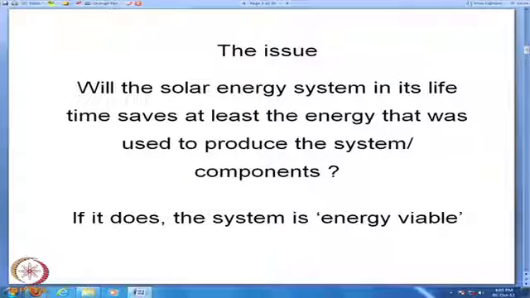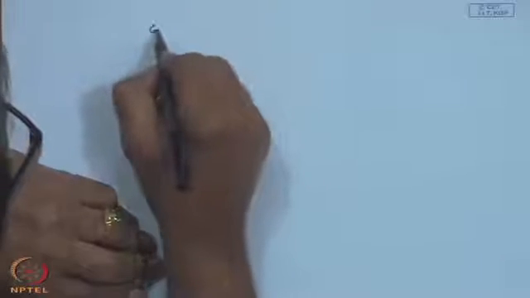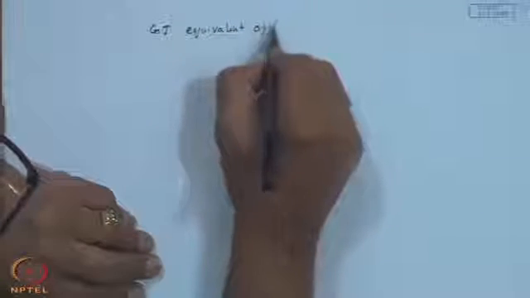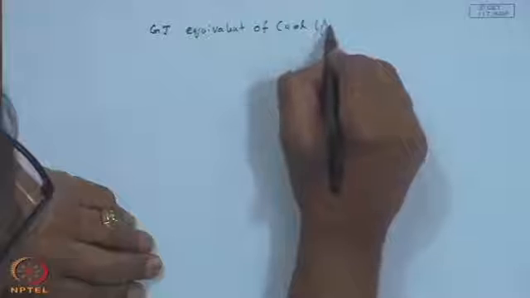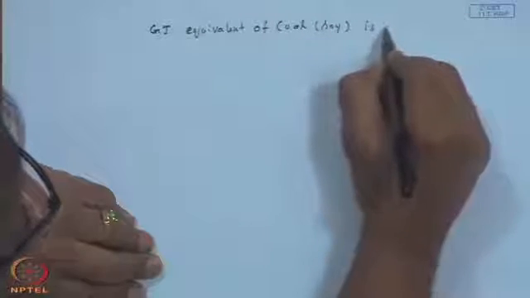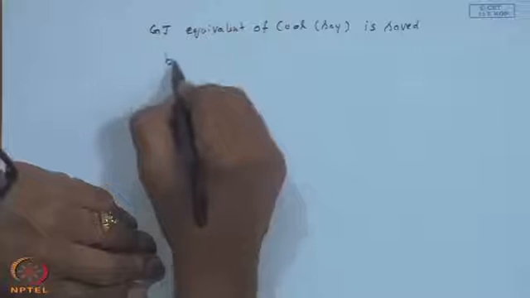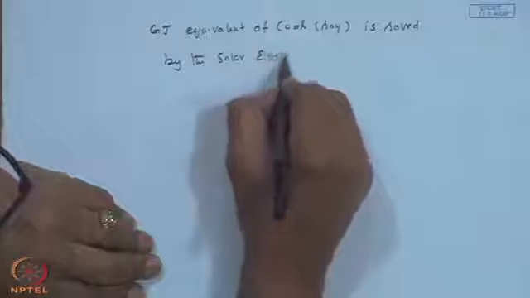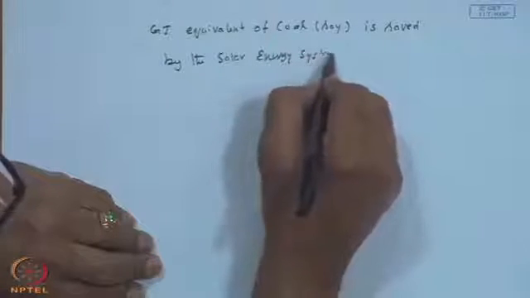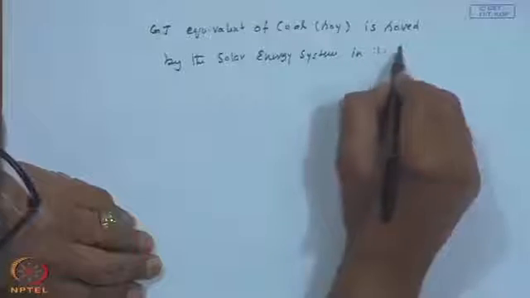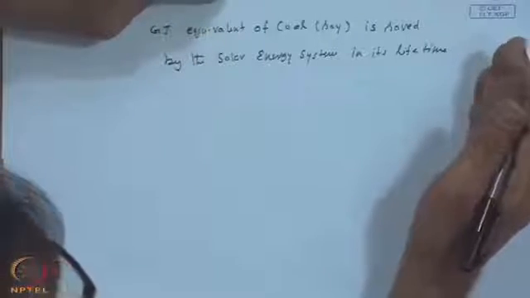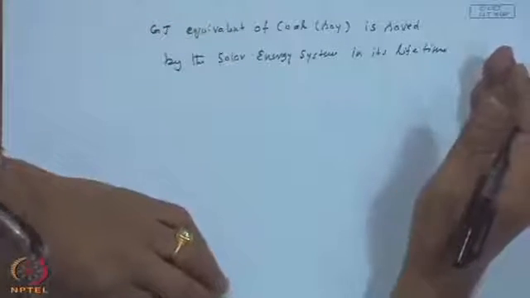So, now if certain gigajoule equivalent of coal, say, is saved by the solar energy system in its lifetime, one aspect is the money, whether it is economically worth it or viable or not, that will come a little later.